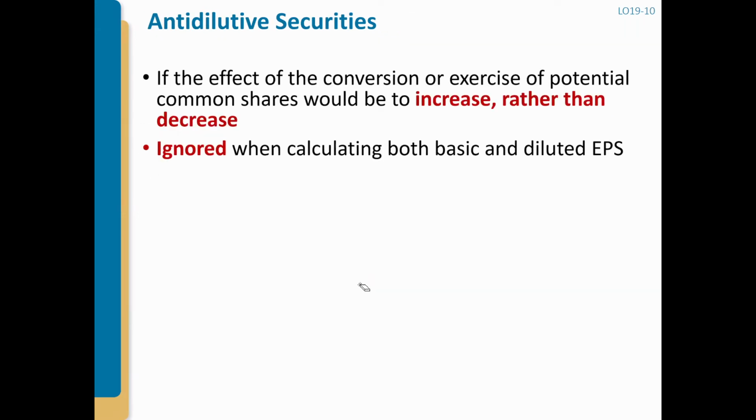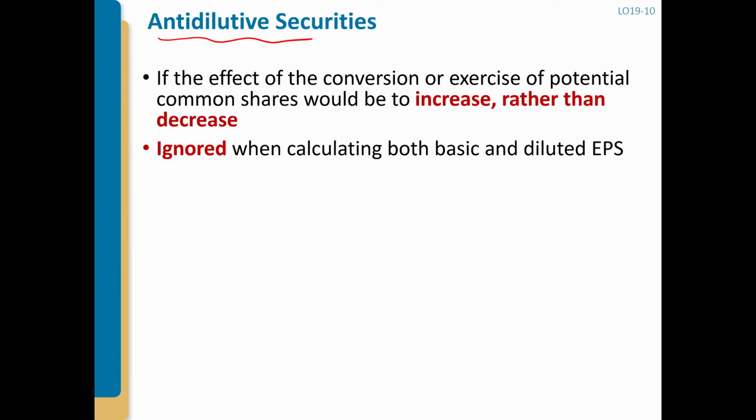So that was the two convertible securities. Then I need to talk about this issue called anti-dilutive issues. Remember, we want to calculate diluted earnings per share. We want to figure out the worst situation, what the lowest earnings per share could be.